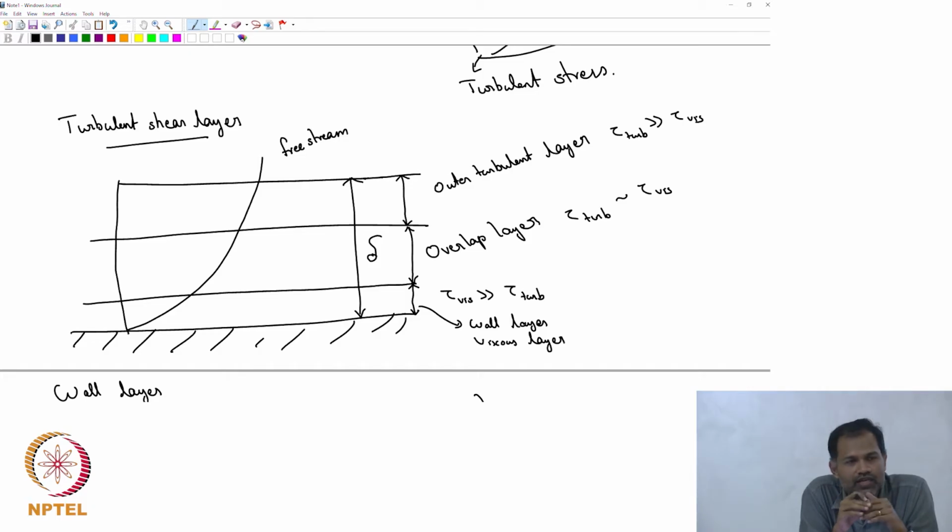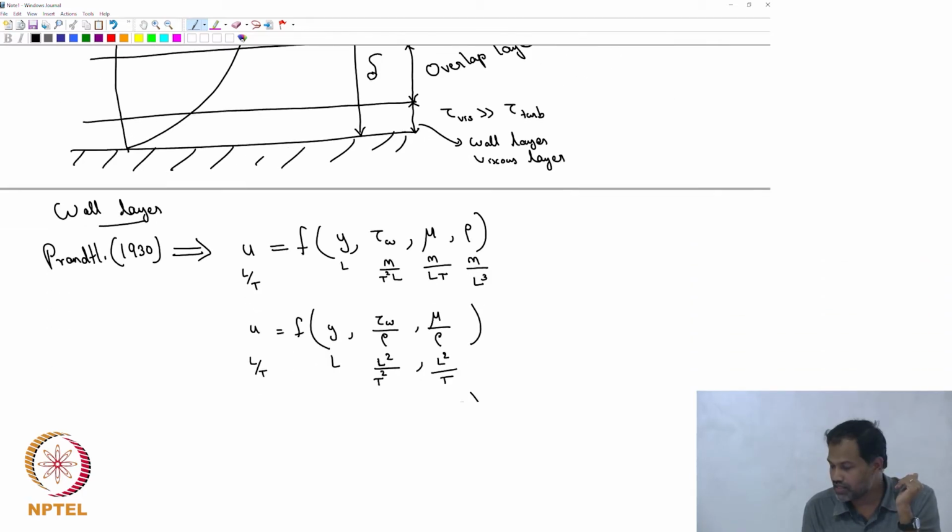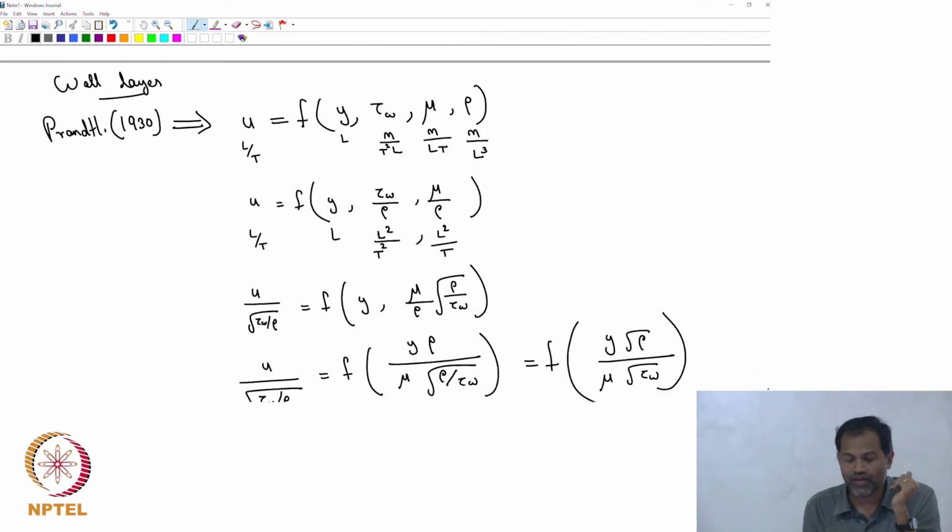Then I went with what Prandtl said in 1930, that the velocity profile in the wall layer can be written down as a function of a few variables: distance from the wall, the thing that is driving, which is tau w, and the fluid properties such as viscosity and density.